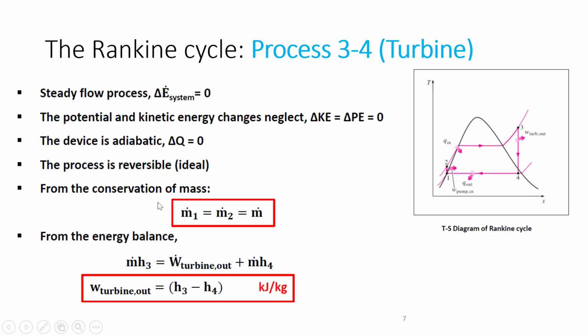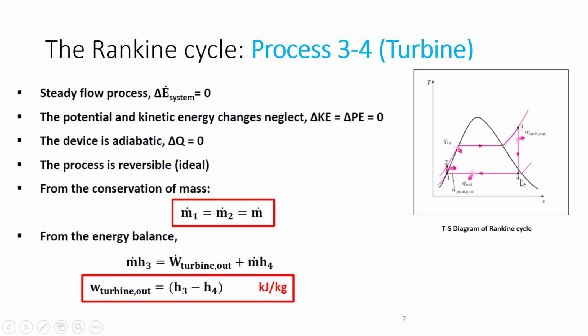From the conservation of mass, we know that throughout this cycle mass is conserved. So m dot 1 equal to m dot 2 equal to m dot 3 equal to m dot 4. From the energy balance equation, what energy do we have at point 3? Here we only have m dot H3.